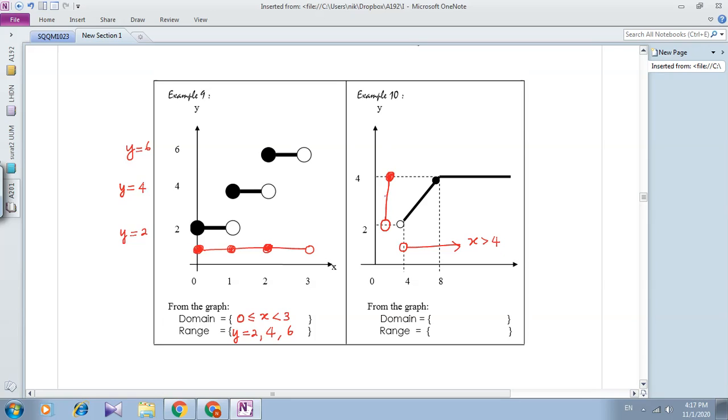So for the range, 2 less than y less than or equal to 4. Or you can rewrite this in this bracket. The domain is x greater than 4. The range is y greater than 2 but less than or equal to 4.